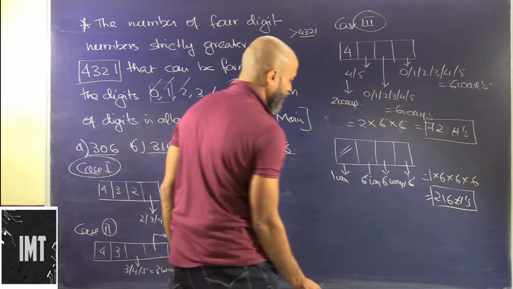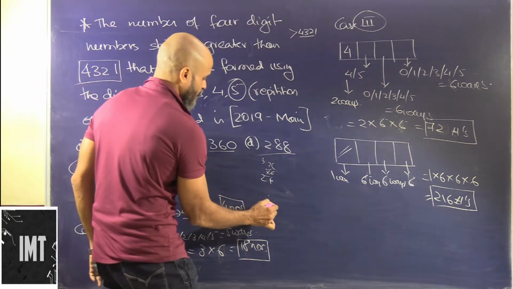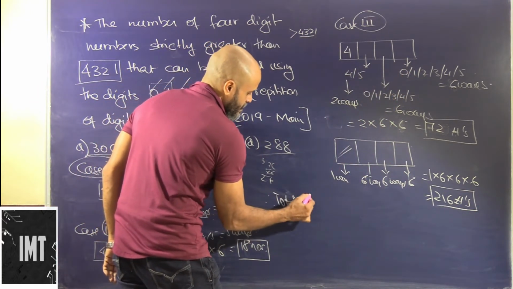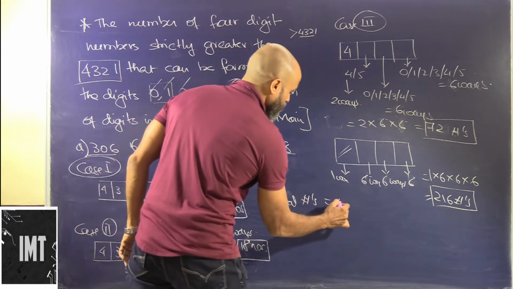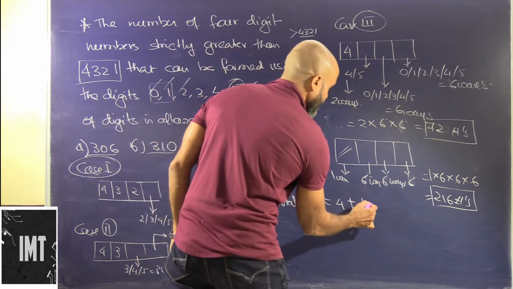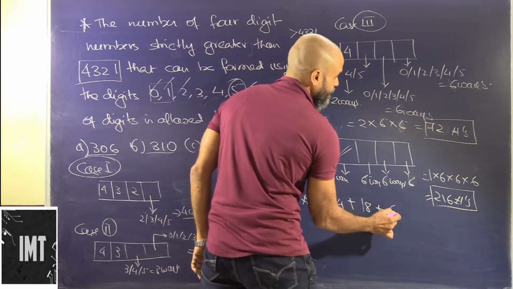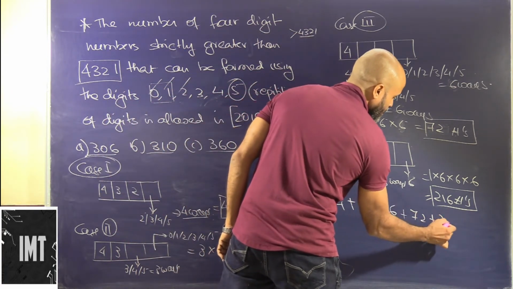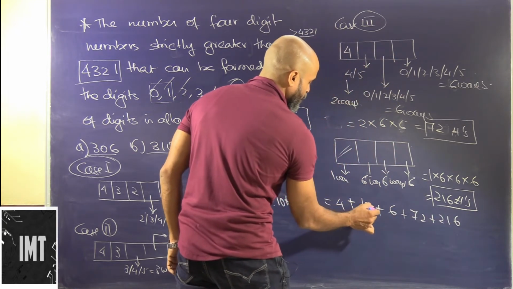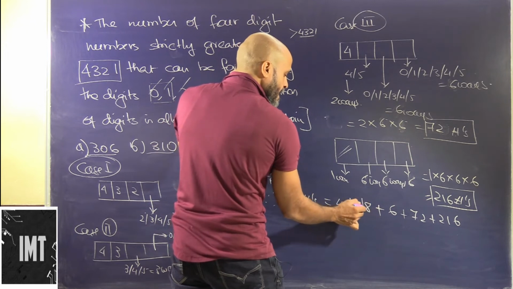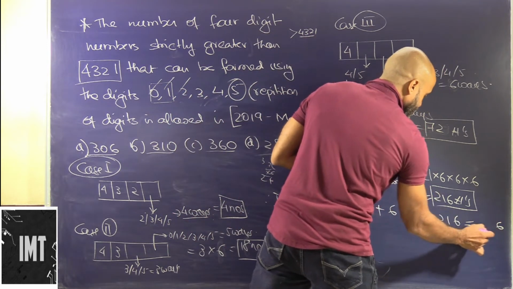So the total numbers which are possible will be 4 plus 18 plus 6 plus 72 plus 216. So that will be 6, 7, 8, 8 plus 6, 14, 14 plus 4, 18, 18 plus 8, 26.